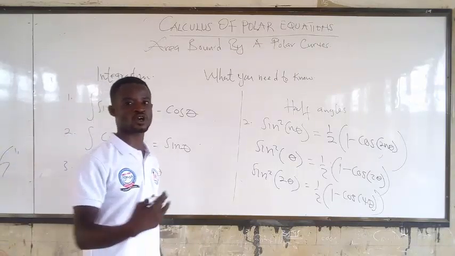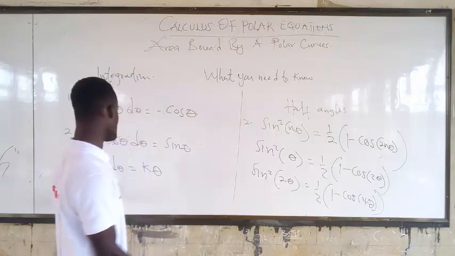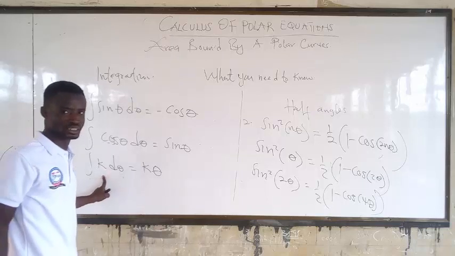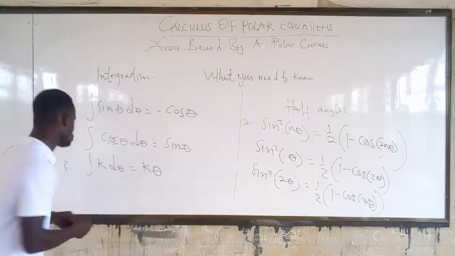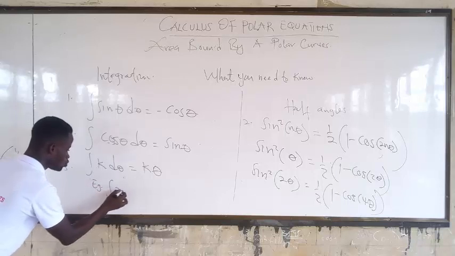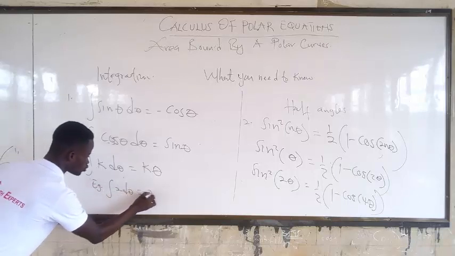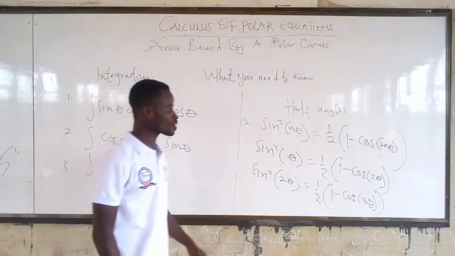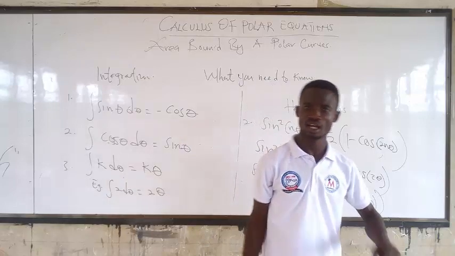In differentiation of a constant, you get 0. But in integration, you will not get 0. You add the operator to it, and the theta is the operator. So, for example, to integrate 2 d theta, you get 2 theta. I hope you guys see that. Alright, that's what you have to know.